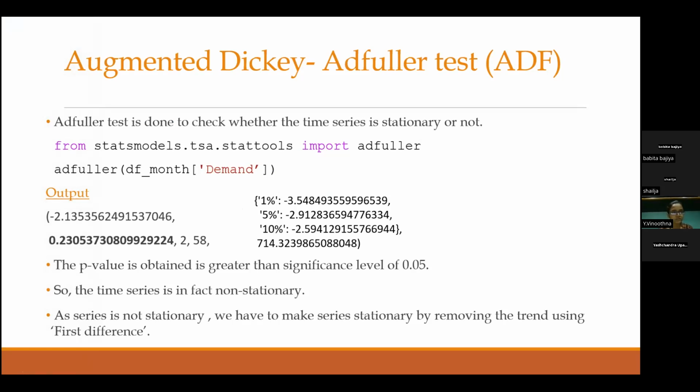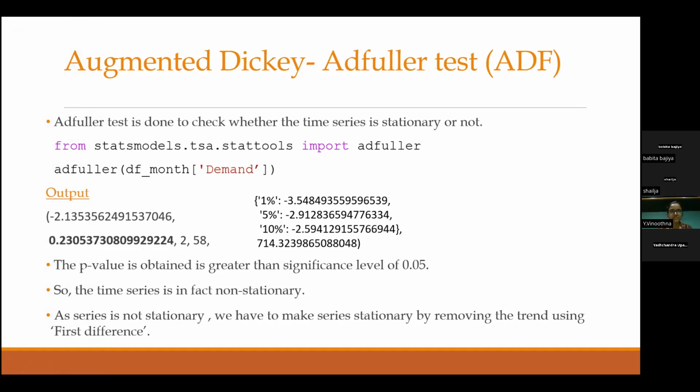When we use this method, we can check the p-value. If the p-value is less than the threshold value, which is 0.05, then we can say that our time series is stationary. As we are seeing here, the p-value is greater than 0.05, which is the threshold value. We can state that our time series is not stationary.